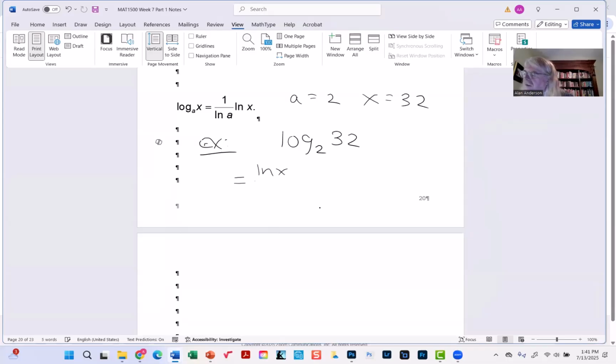I'm going to rewrite it like this. And if you plug that into your calculator, you'll see that it's 5, which is correct. The reason why we know that it's 5 is because 2 to the 5th is 32. So this is correct.